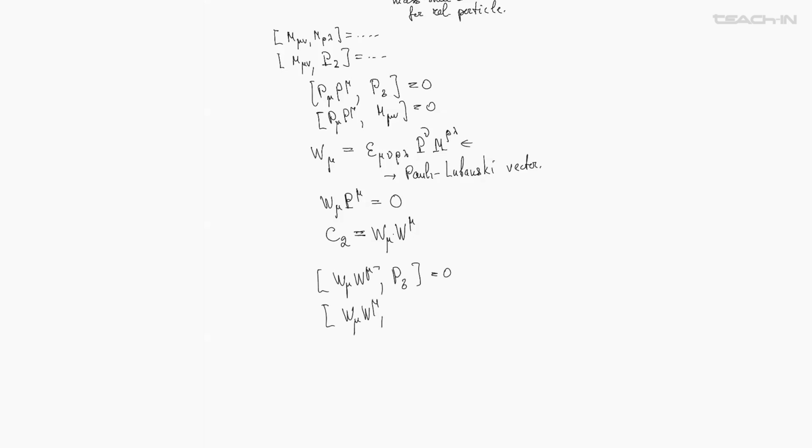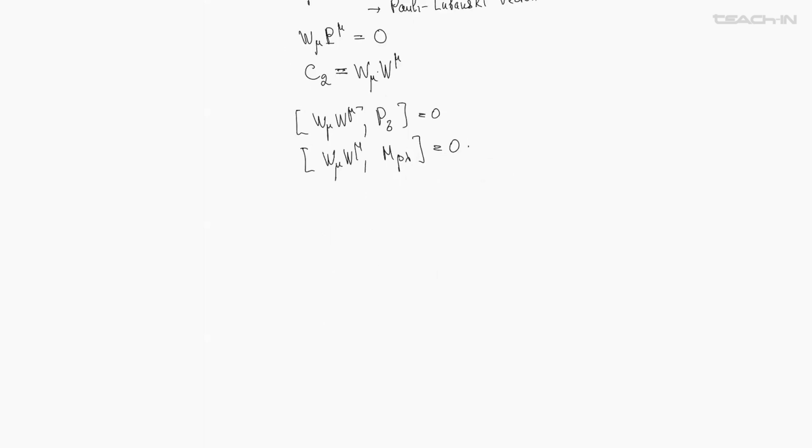The eigenvalues of this second Casimir in massive irreducible representations of the Poincaré group look as follows: C2 equals minus mass squared times speed of light squared times s multiplied by s plus 1, where s is a half-integer number starting from 0, 1/2, 1, 3/2, and so on.